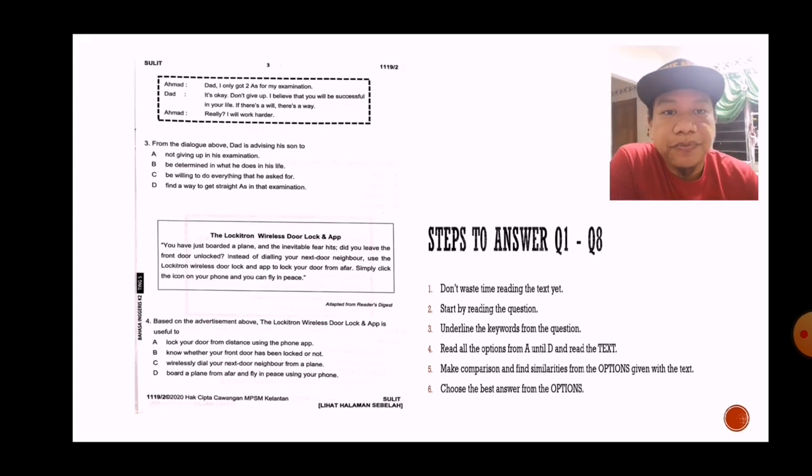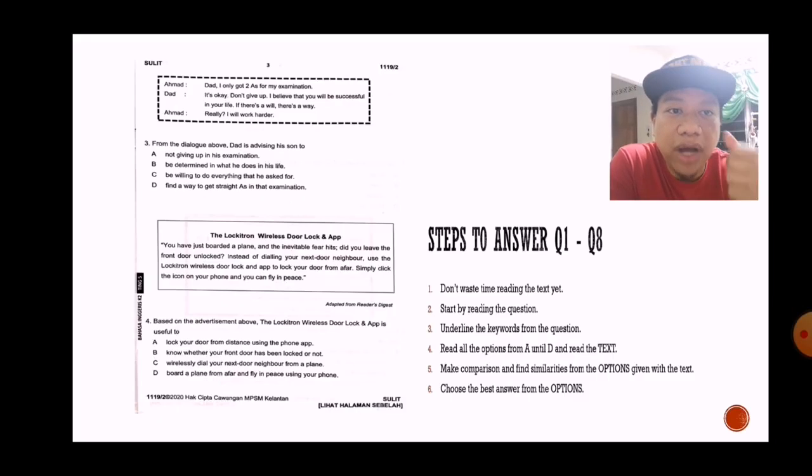Okay, so which one somehow answers the question which is related to Locktron wireless door lock and app? Right. So A, find similarity. Make comparison and find similarity from the options with the text. So A, again, lock your door from distance using the phone app.